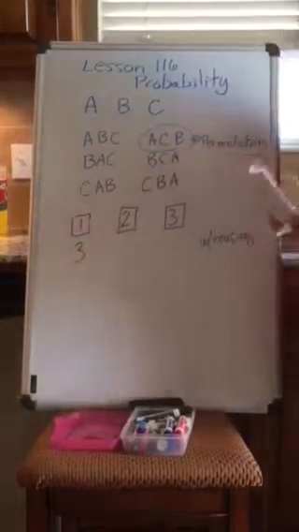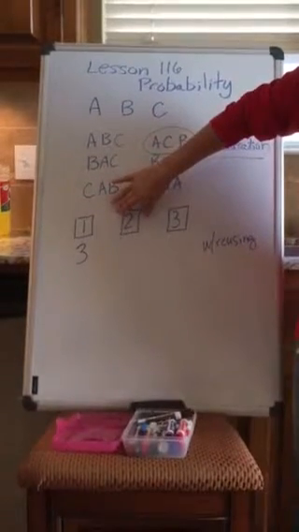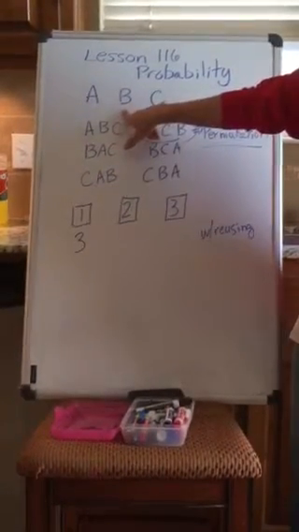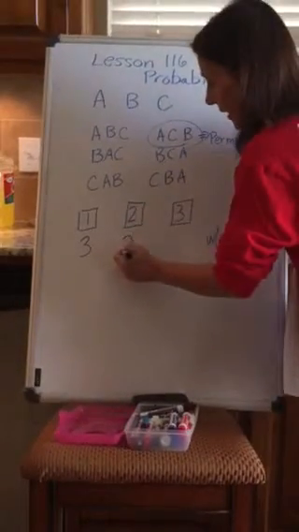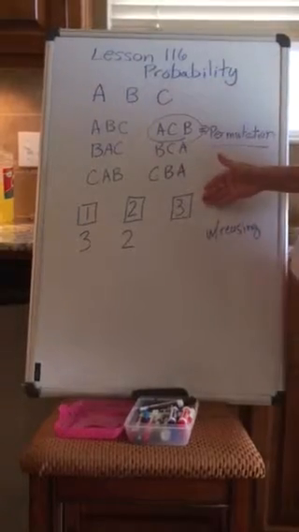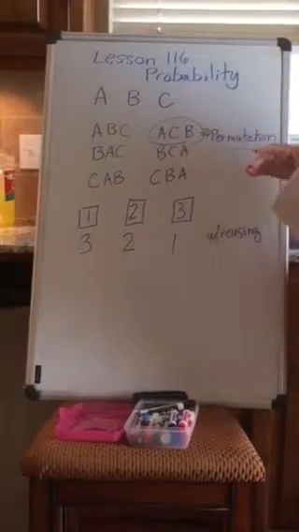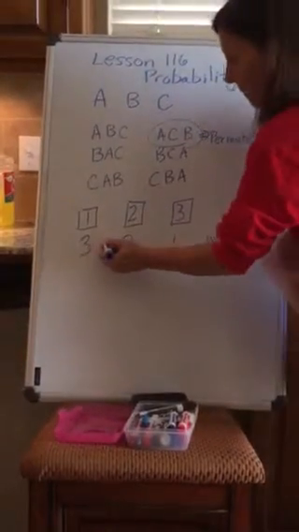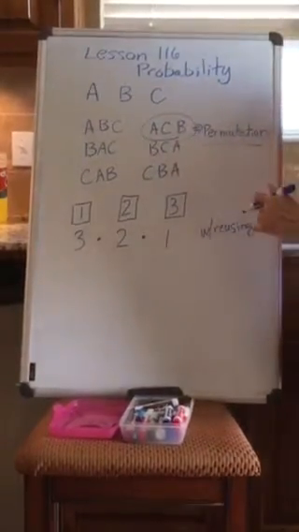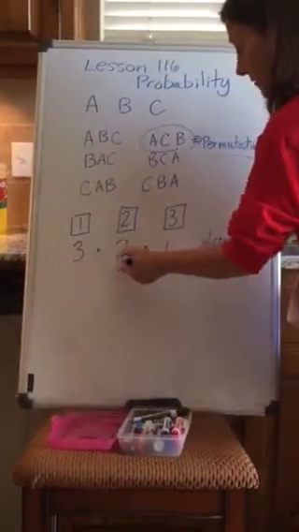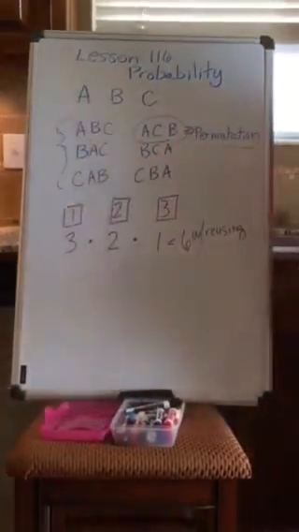One of the letters is already chosen, so for the second choice I only have 2 letters to choose from. And when I pick my third letter, I'm only left with 1 choice. So without reusing them, the number of permutations or arrangements is 3 times 2 times 1, which is 6, which I have shown at this point.